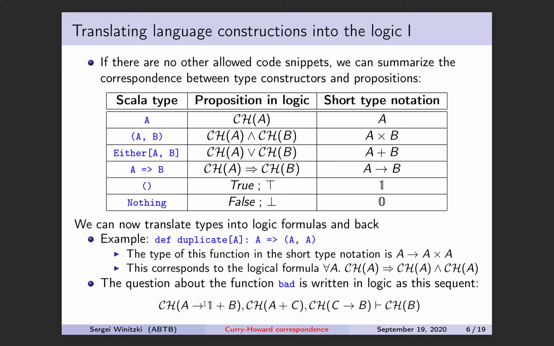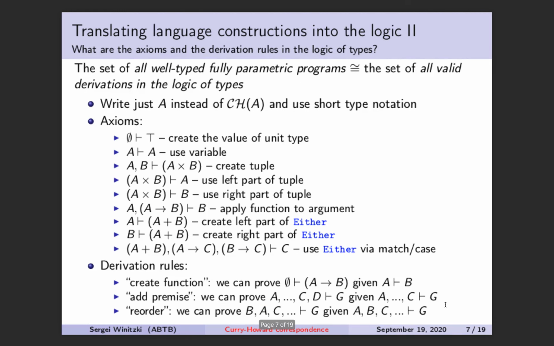Now notice here, instead of option of B, I write 1 plus B, because option is a disjunctive type that is equivalent to a disjunction of unit, or 1 in my notation, and a given type parameter. So the question about the implementability of the function bad is the same in logic as the question of provability of this sequent.